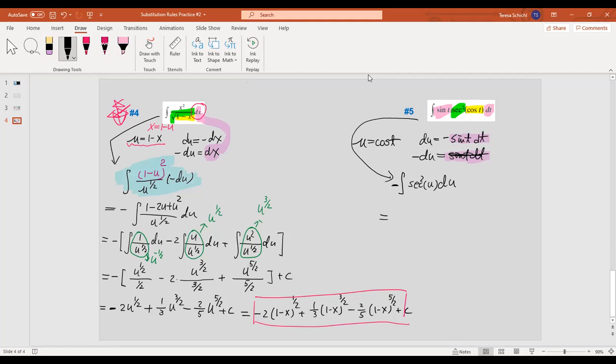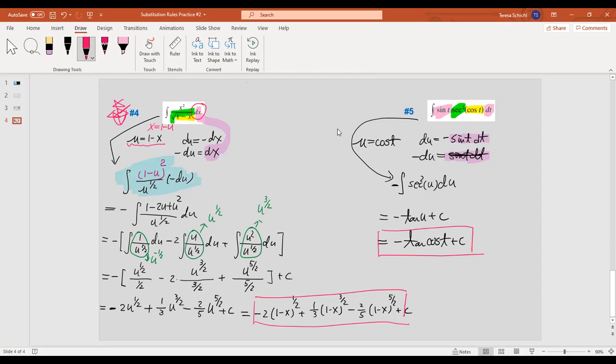I know what the secant squared integration is. That is tangent u plus c, right? Tangent's derivative gives secant squared. Now substitute back what your u is. So this is tangent of cosine t plus c, right? So that will be your solution here.